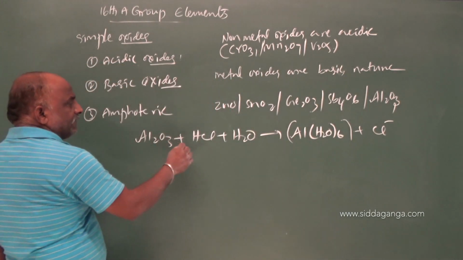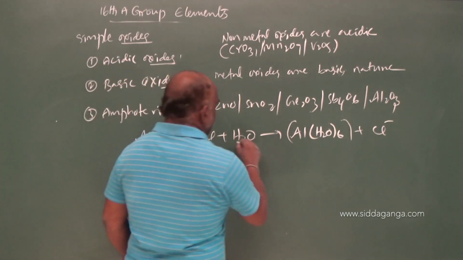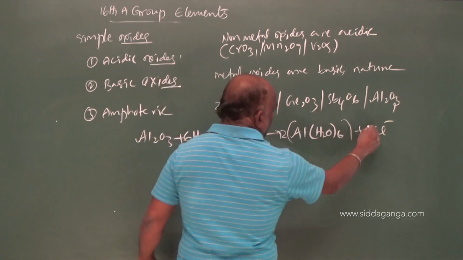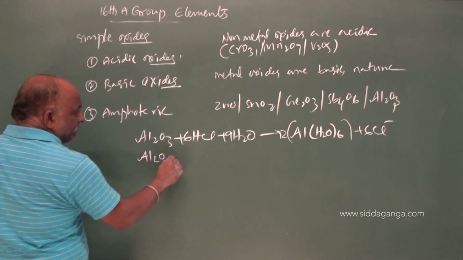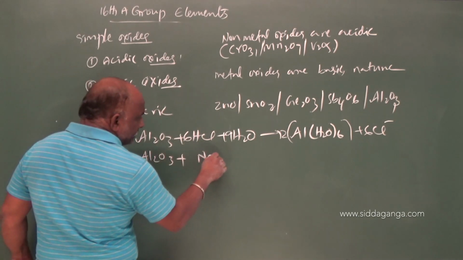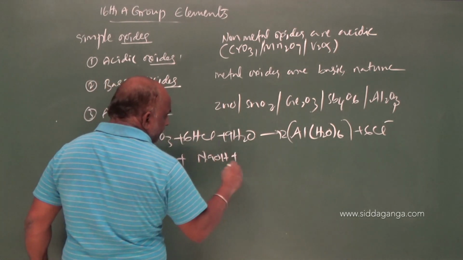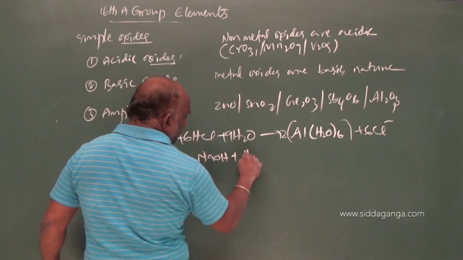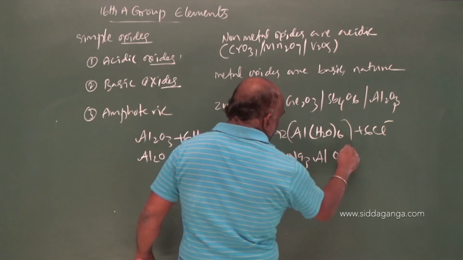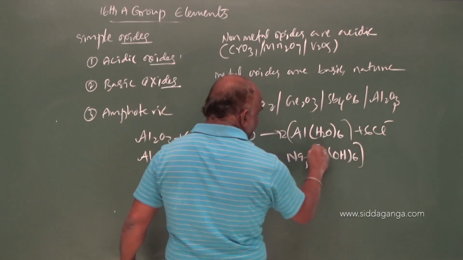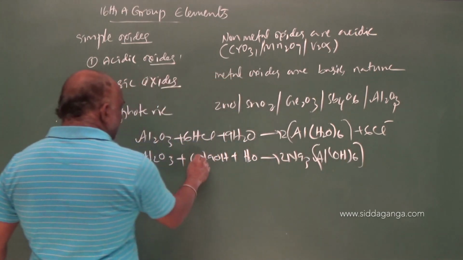The same Al2O3 treated with NaOH solution gives Na3[Al(OH)6].